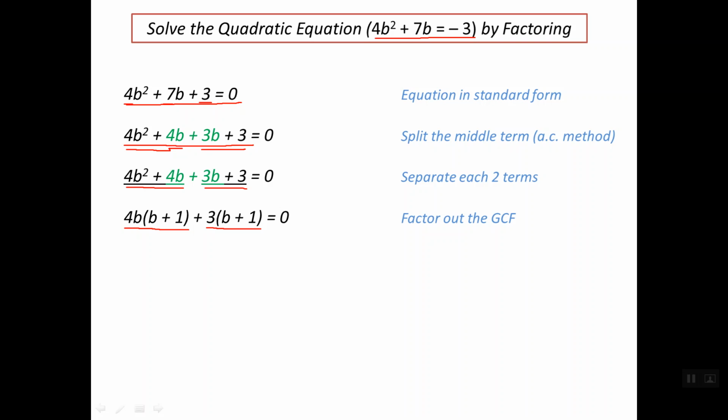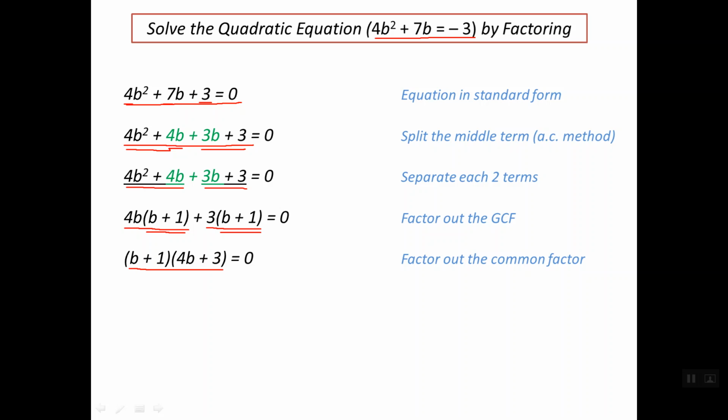Now we have two terms, and if you see, we have a new common factor, which is simply the b plus 1. So we can factor the b plus 1 as the new common factor. The remaining from the first term is 4b, and the remaining from the second term is 3.